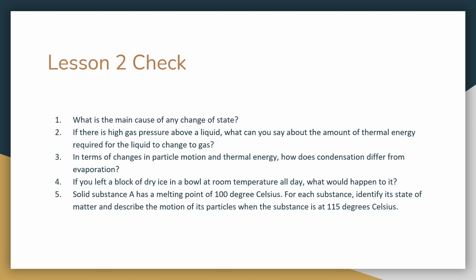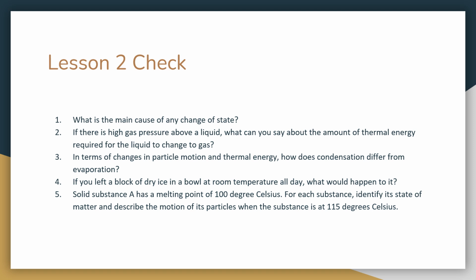Liquid substance B has a freezing point at 110 degrees Celsius. For each substance, identify its state of matter and describe the motion of its particles when the substance is at 115 degrees Celsius. So the answer: solid A would be a liquid at 115 degrees Celsius.